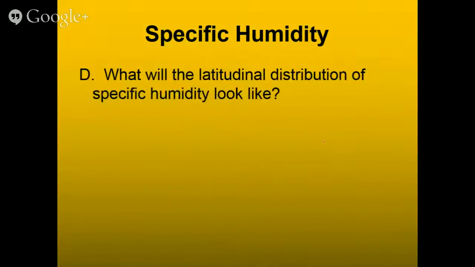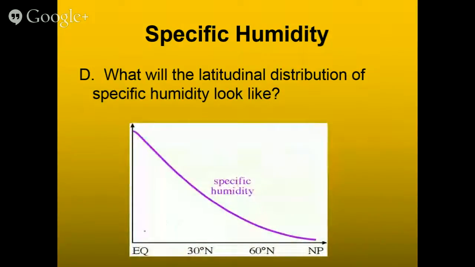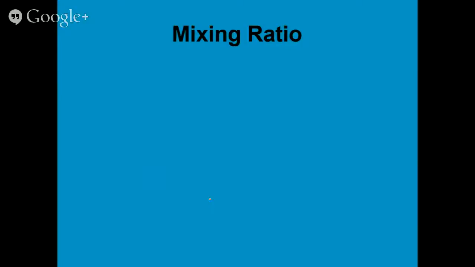If it's total mass, what we're looking for is the greatest mass being next to the most humid environment. And that would certainly have to be the equator. So then the equator has the greatest amount of specific humidity. The poles, specifically North Pole, has the least amount of specific humidity. Mid-latitudes would be in between. So hopefully that makes sense in regards to specific humidity.